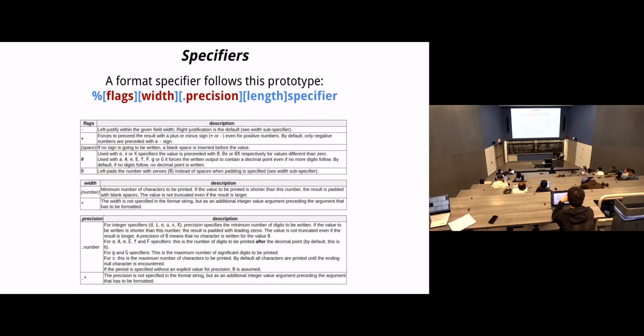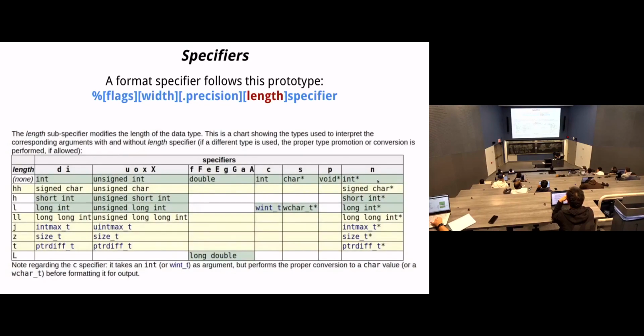So on the flag side, we have several different flags. Some of the flags we can use to help us build a more concise exploit. Also width and precision, but those are not the very important ones. The length is also important.